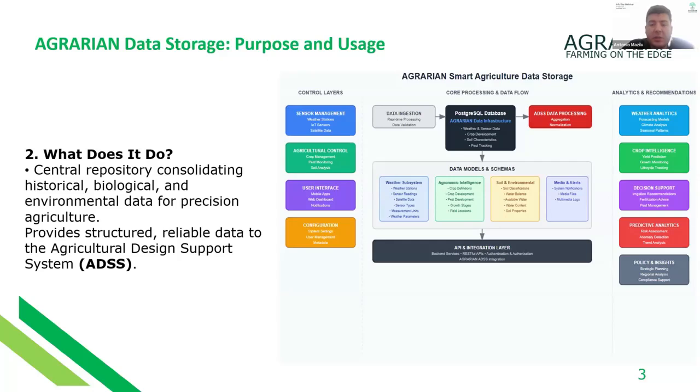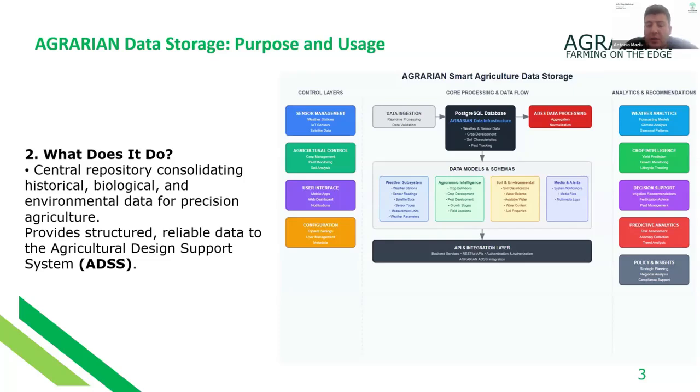The data storage acts as a central repository that consolidates historical farming data, biological observations, and environmental measurements, as you can see in the data models, which are the crop definitions, system notifications from the applications, and the satellite data which are provided.